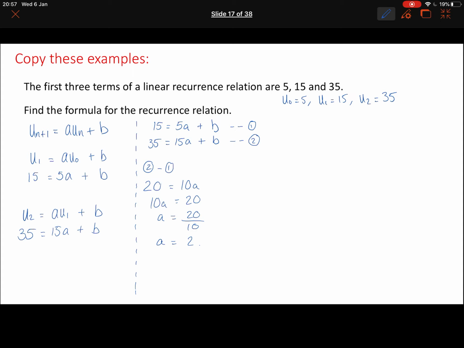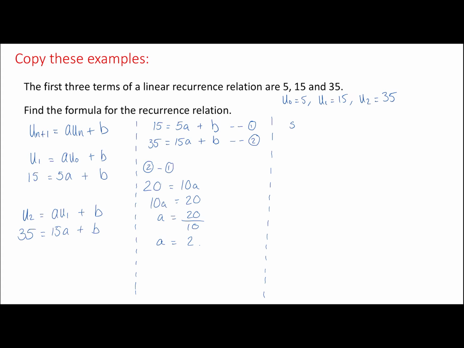So we've worked out the value of a, and what we're going to do is substitute that value of a back into one of our equations, and we can get the value of b. So if we sub a equals 2 into equation 1, we end up with 15 equals 5a plus b, 15 equals 5 times 2 plus b, so 15 equals 10 plus b.